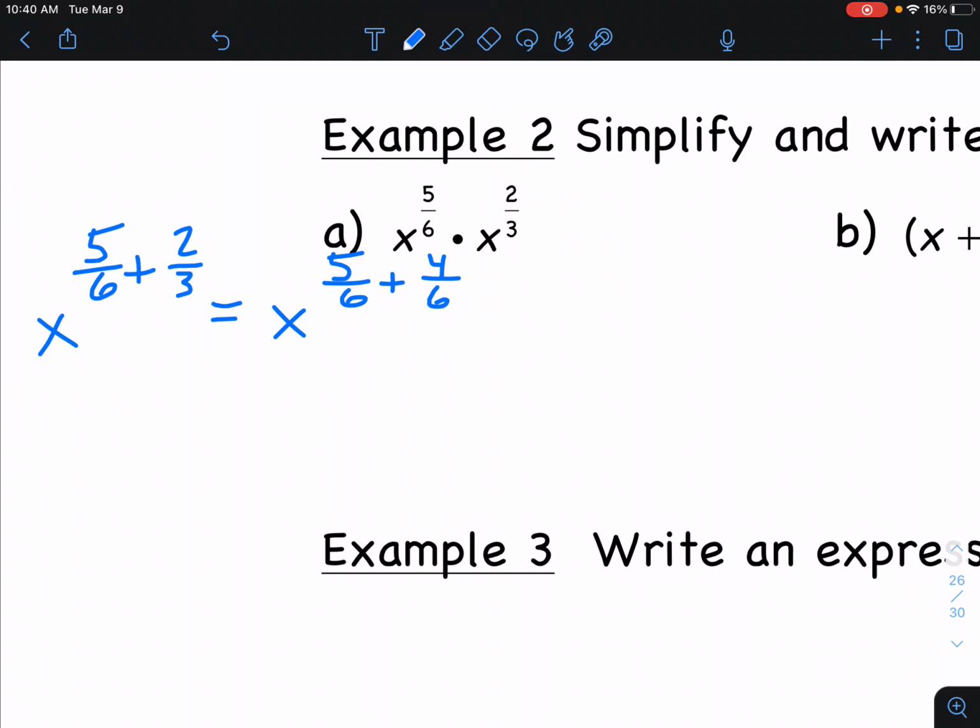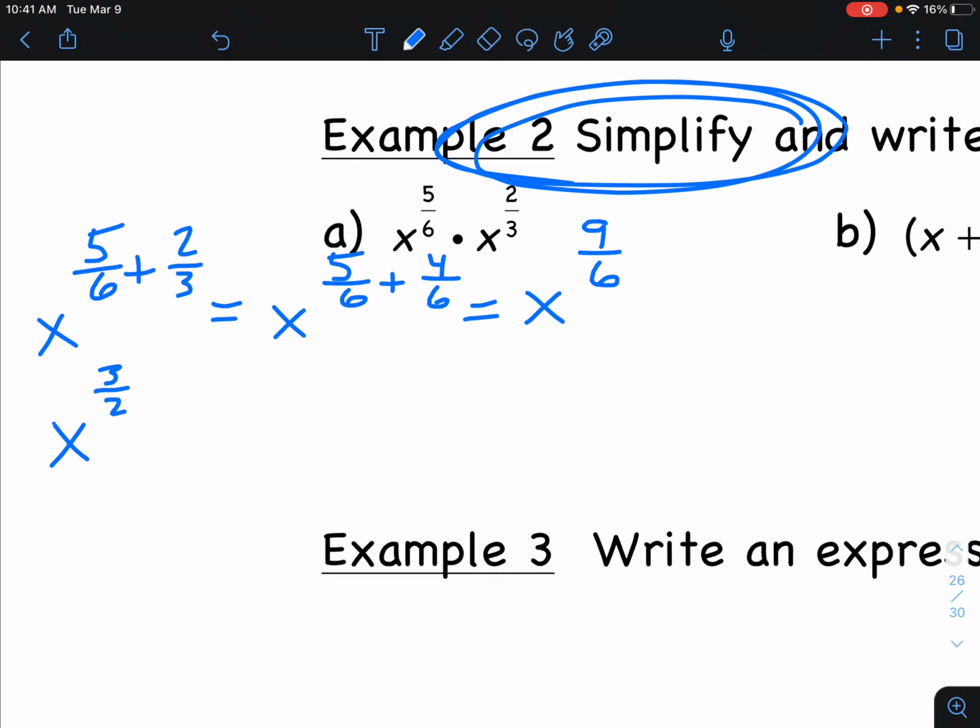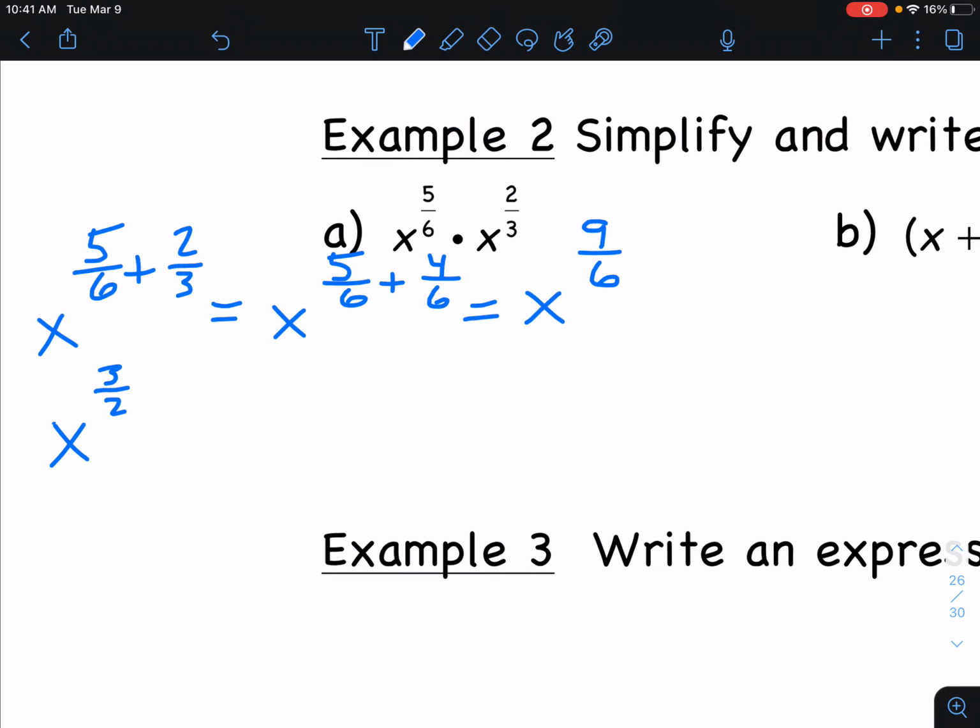Change both numbers, times 2, and that will be 9/6. However, we're not done here. 9/6 is a fraction. Divide each number by 3, and we'll have 3 over 2. Now that it's simplified, we can turn it into a radical. So 2 on the bottom would be square root with the invisible 2 of x cubed.